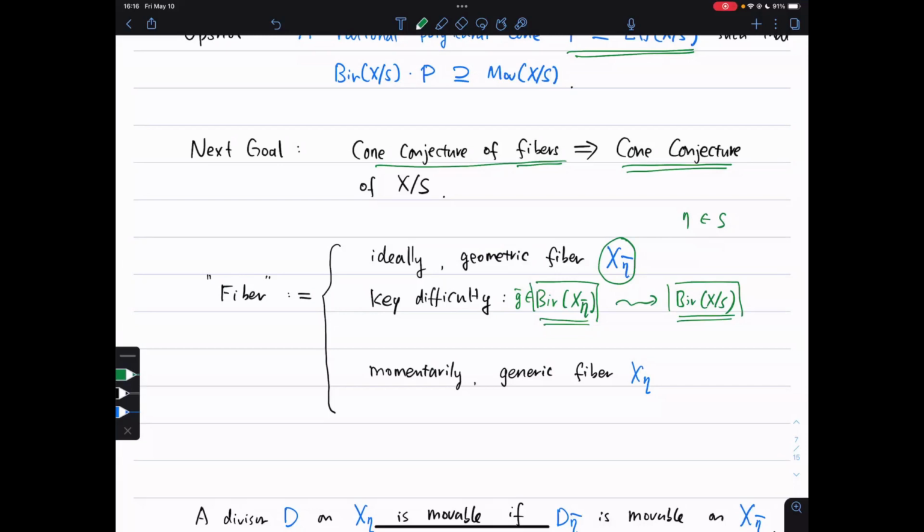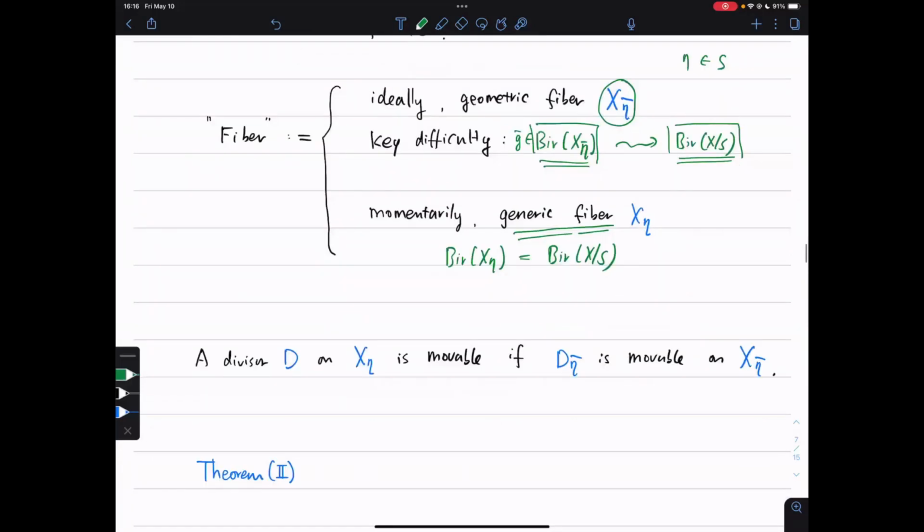So we are cheating a little bit. Momentarily, we're working with the generic fiber. The generic fiber automatically tells you the birational automorphism group of the generic fiber is the same as the birational automorphism group of the total space if the singularities are good. But the price we paid here is we have to work with a non-algebraically closed field, which is not something very comfortable.